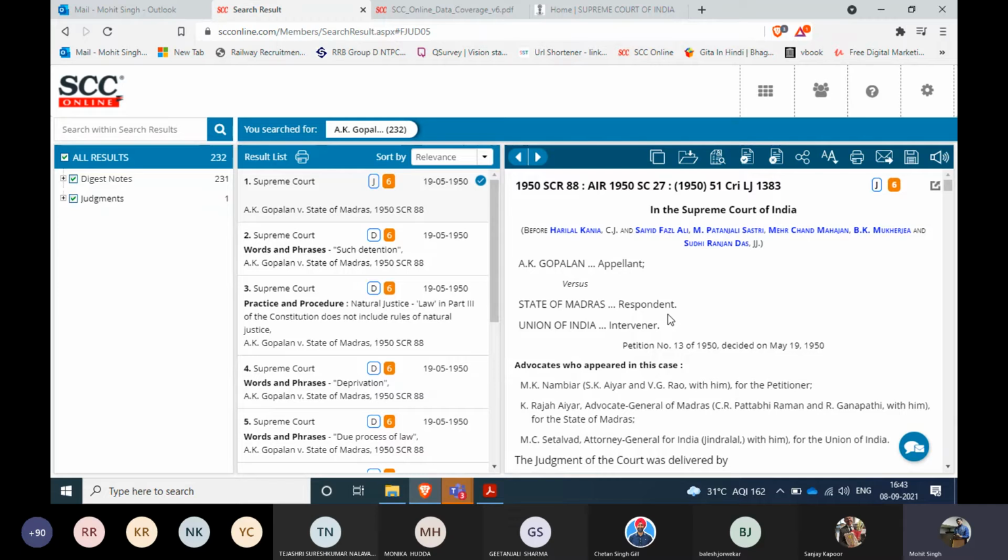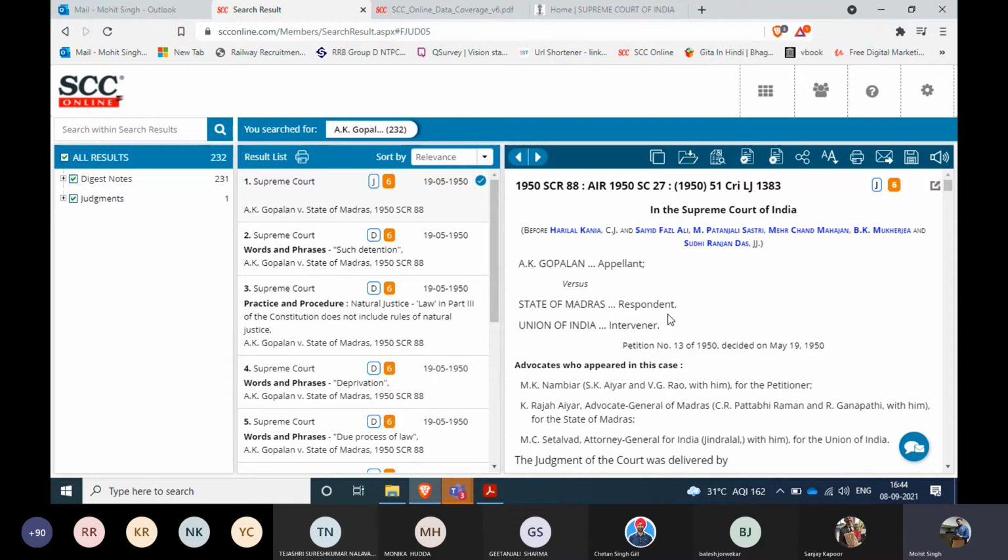Is there any law point in AK Gopalan or not? I wanted to search for that. So basically, whenever you read any case, you have to make sure that this case has not been overruled anywhere so that you can cite it. And if it has been overruled, then you should also see whether there is any law point which is still left which I can use in my case or not.